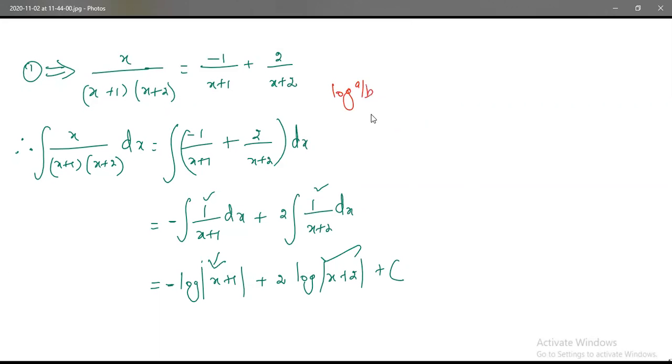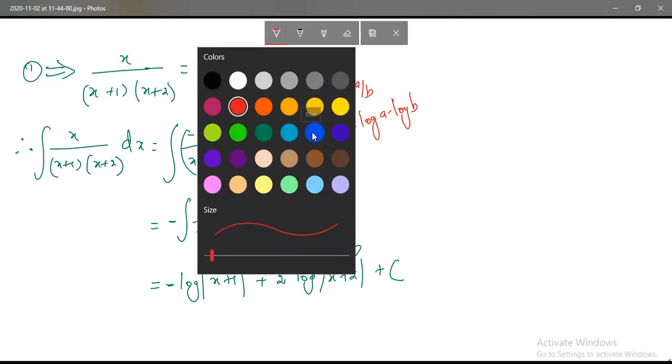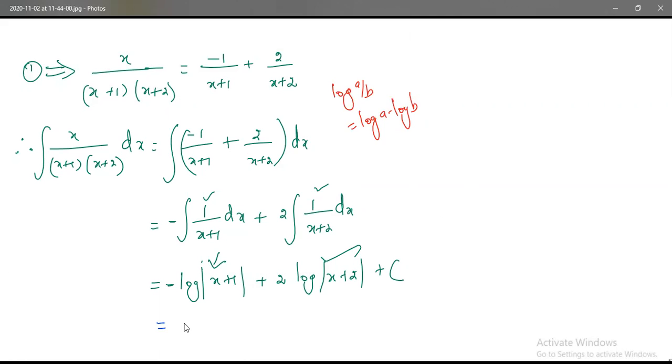So apply it here. That becomes log of mod x plus 2 by x plus 1.